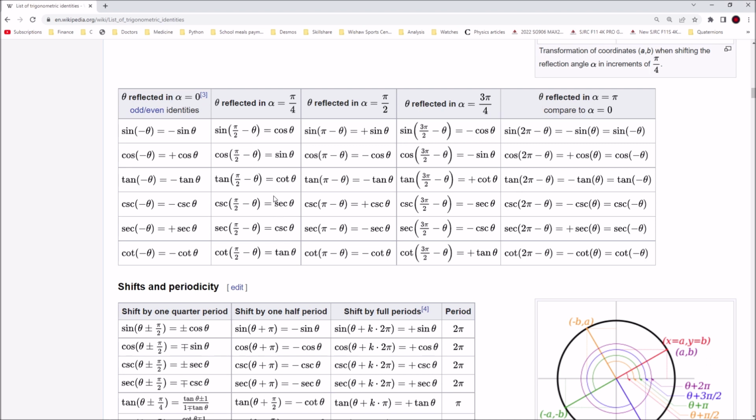We haven't covered these reciprocal functions, so we're not going to look at these identities for the moment. But we could continue generating lots of these different trig identities. But for the moment, we'll just stick with the 10 that we have generated graphically.